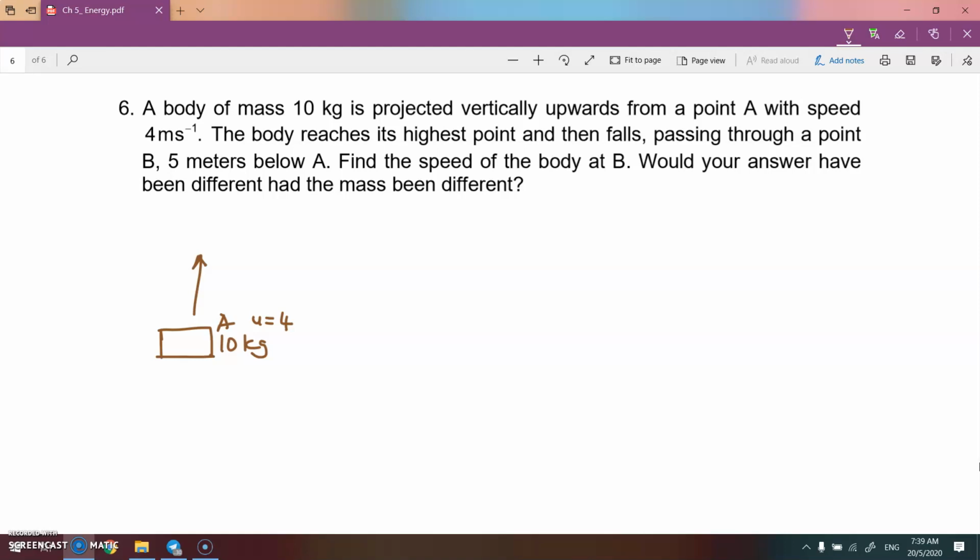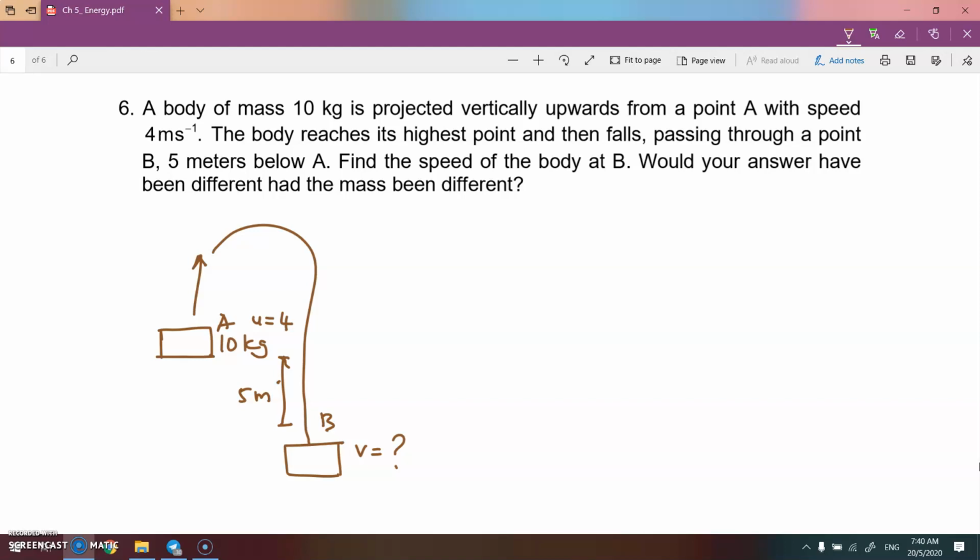The body reaches the highest point and then falls down, passing a point 5 meter below, point B. Find the speed at B.